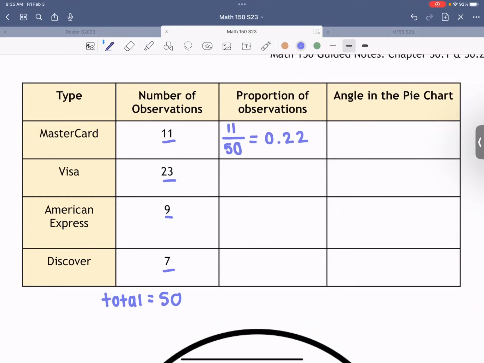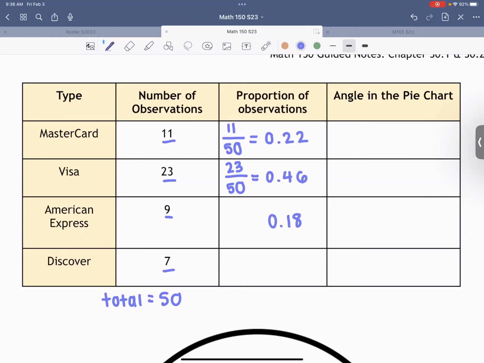All right, Visa, you do the same thing. So if I wanted to find the proportion of Visa, I'm going to take what I'm interested in, which is 23 this time. And what am I dividing it by? 50, perfect. So when you do that in your calculator, I got 0.46. Can someone quickly find the decimal for American Express? 0.18, perfect.